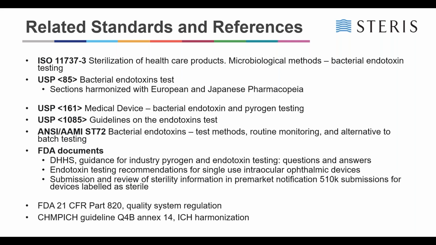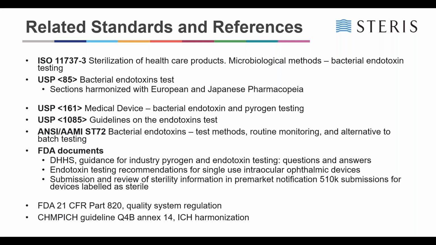The three USP, United States Pharmacopoeia standards, monographs 85, 161, and 1085, all provide guidance on testing approaches for pyrogens, both bacterial in source and other pyrogens associated with products. The ANSI/AAMI Standard 72, it includes test methods, requirements for the routine monitoring, and alternatives to batch testing.